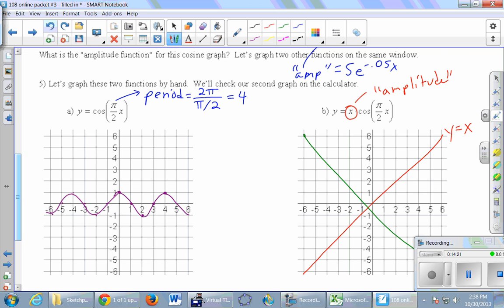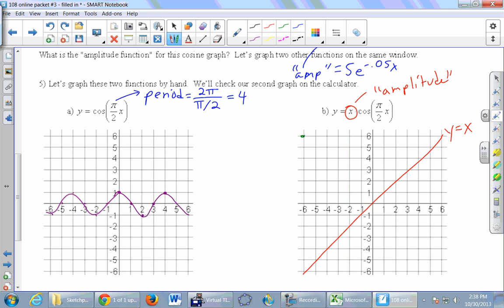We can do better than that. Let's try again. So this one, I'll get this out of the way. And then that's still not very good. Swish. Okay, so we've got our two amplitude functions, and we know that cosine is just going to bounce back and forth between these things.